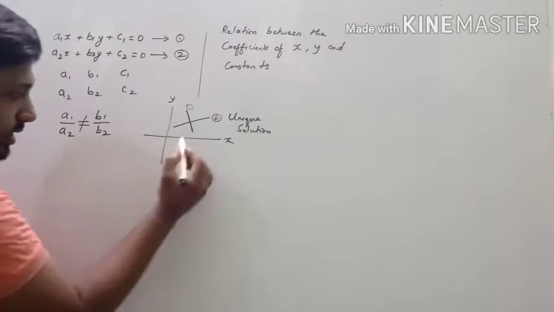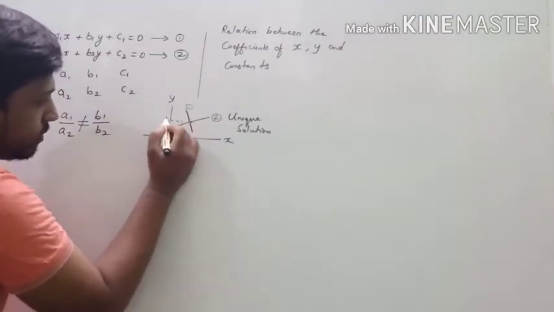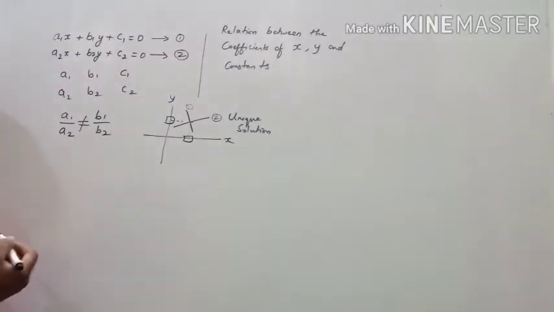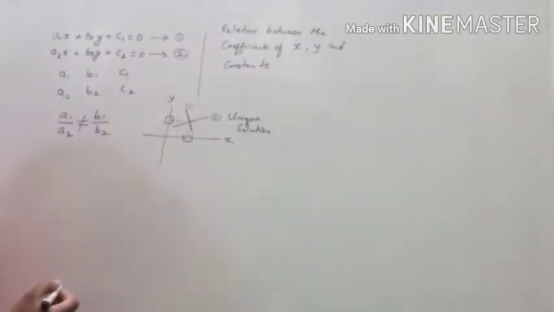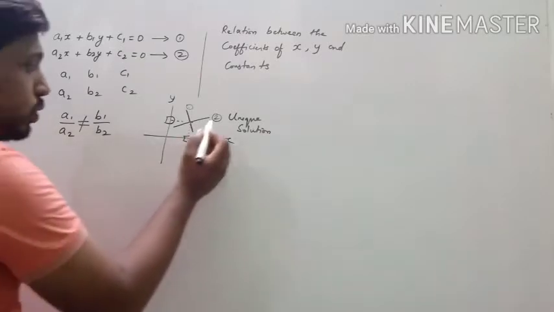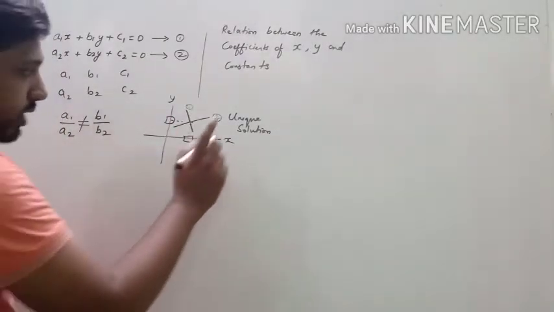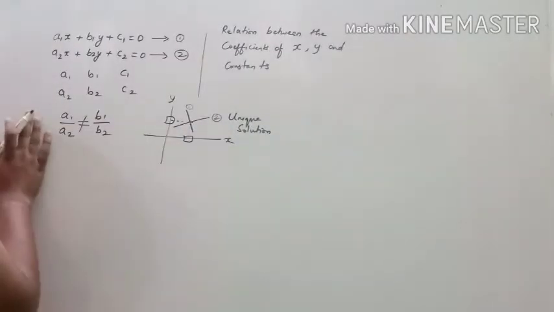When these two intersect, this will be the y value and this will be the x value. So you will be getting both the values x and y at this intersection. I hope you people are understanding. So unique solution, only one solution: one value of x and one value of y.